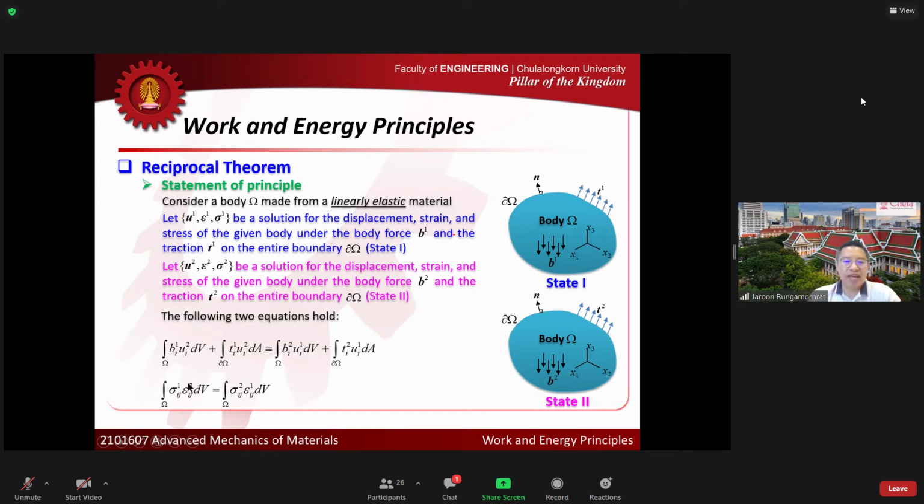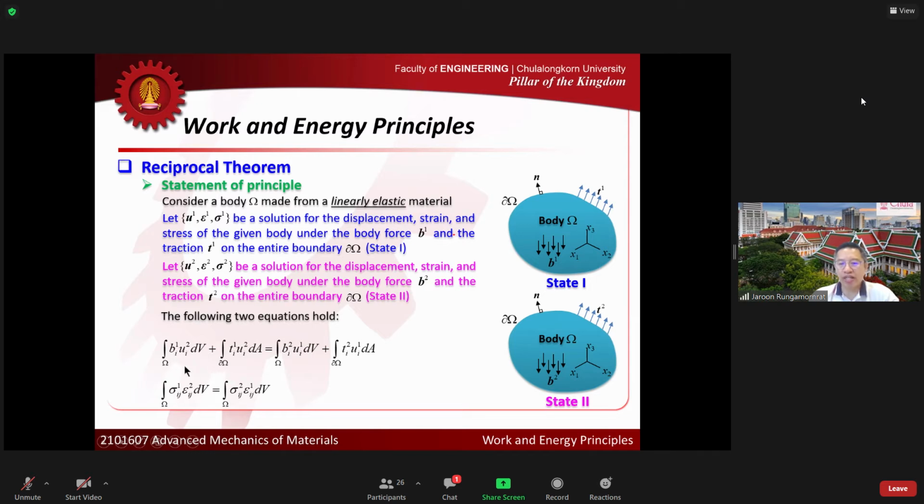Okay? And if we look at the second equation, if we take stress from the first state, multiplied by strain from the second state, and we perform the integral over the body. And the term on the right hand side here, we take stress from the second state, multiplied by strain from the first state, and perform the integral here.